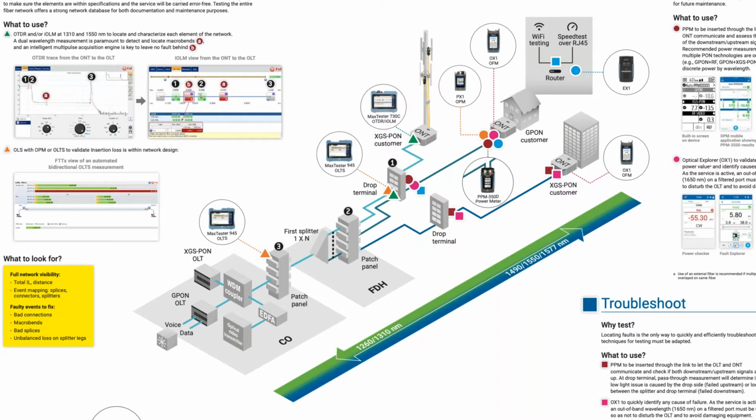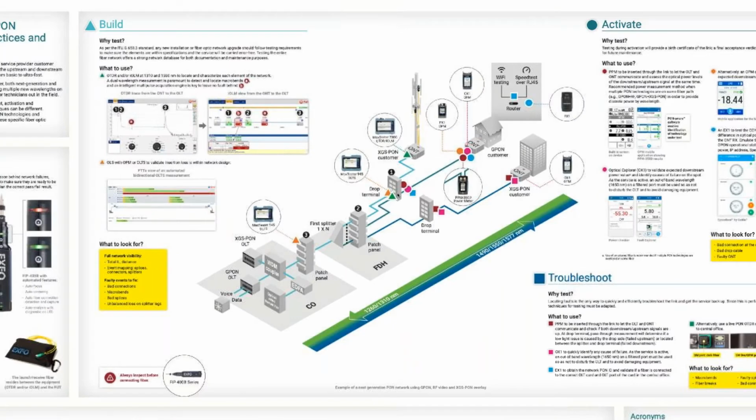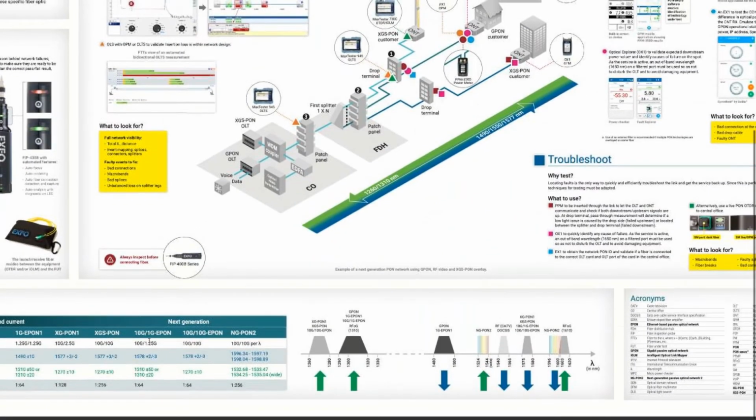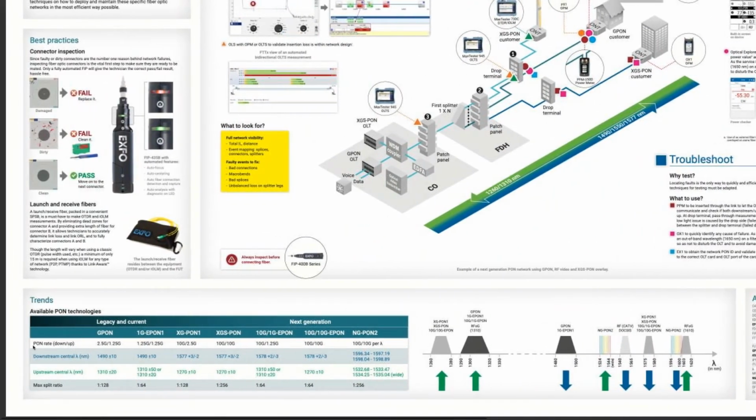A PON power meter is unique from a standard power meter in that it includes some filtering to segregate out specific wavelengths. One of the aspects of this poster that I really like is that it goes into all of the next-gen, legacy and current wavelengths. Down here at the lower right of the poster, like I said, Ashley will be sending this out to everyone.